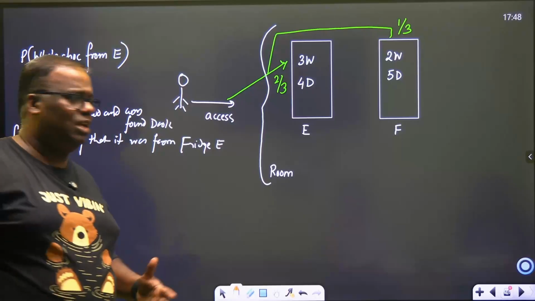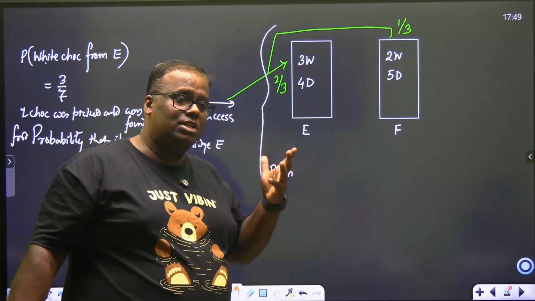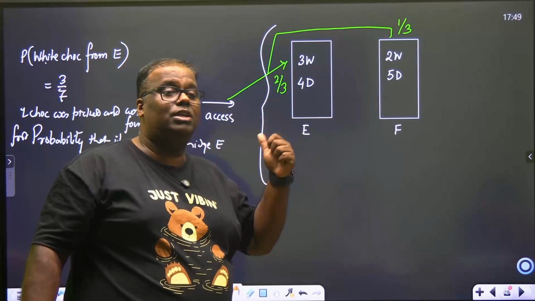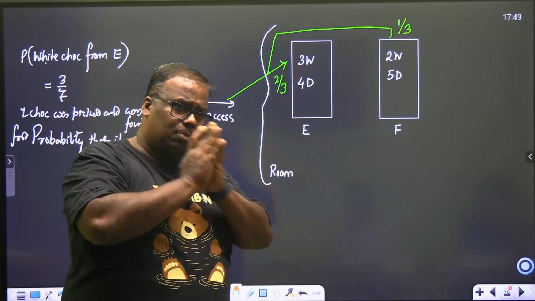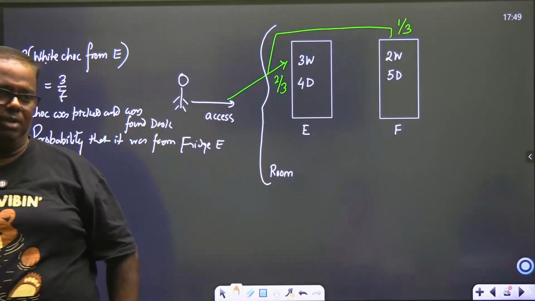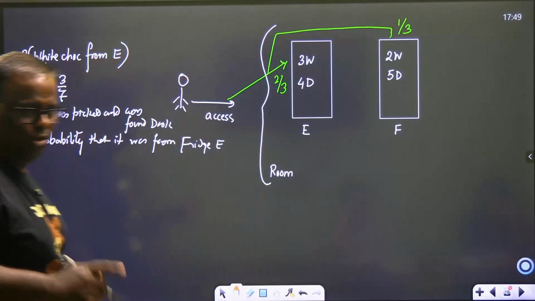Now try to understand. हमें dark chocolate मिला, and they are trying to ascertain the probability that the dark chocolate came from E fridge. इसको अगर ब्रेक करें तो कैसा होगा? सबसे पहले मुझे E fridge खोलना पड़ेगा, and then pick out the dark one. Don't you think?